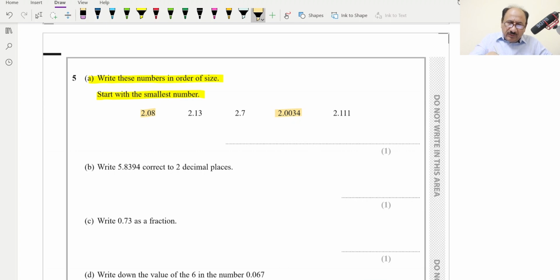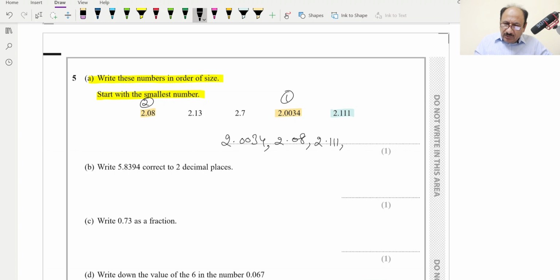So we will write 2.0034. This will be the smallest one, and the second will be this one, 2.08, so we can write 2.08. The third number will be 2.11, so we can write 2.111.